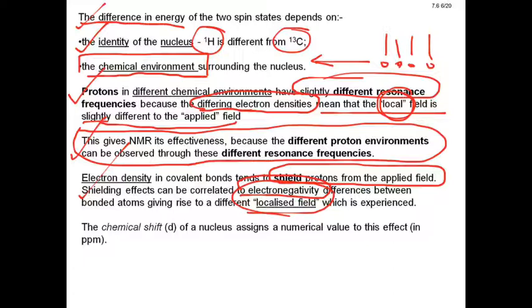Okay, are you starting to get this a bit? Hopefully. Now, the chemical shift, that's a big one too, of the nucleus assigns a numerical value to this effect. Now, I'm going to explain that in a moment. Okay, I can't wait to get to the next slide now.